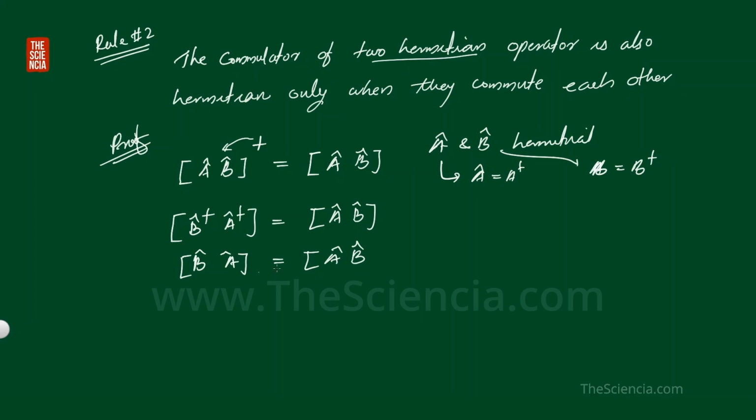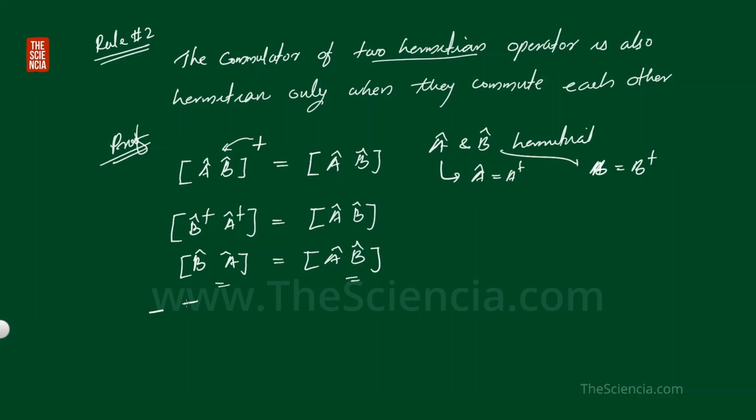See, the order is different, so we cannot say these two are same. So we have to make the order in the same fashion, so we have to interchange A and B. When we interchange two components inside a commutator, there will be a minus sign.